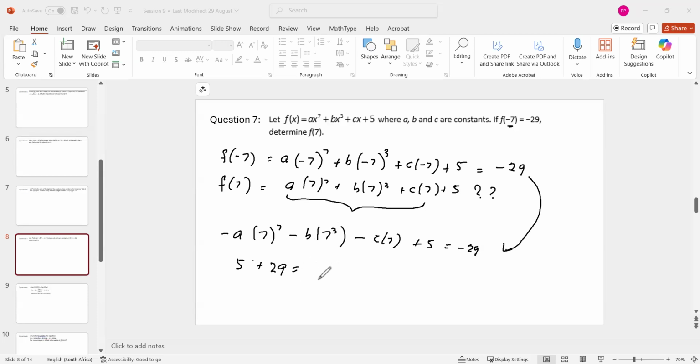When I take it to the other side, I have a times 7 to the 7 plus b times 7 cubed plus c times 7. So this is 34. Now that's beautiful, because now we know that this part here is 34. Therefore, f of 7 is 39.